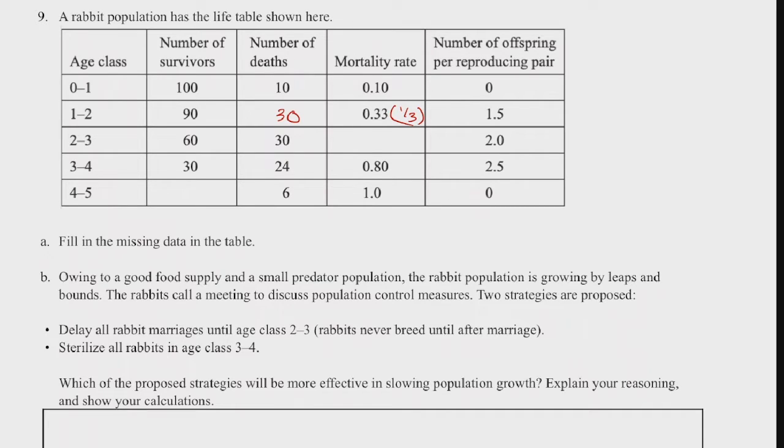If there are 30 deaths out of 60 survivors, then I have a 50% mortality rate, which is 0.5. If the number of deaths that occur is 6 and the mortality rate is 100%, then the survivors are 6. So it's just about kind of algebra, going through it and multiplying.